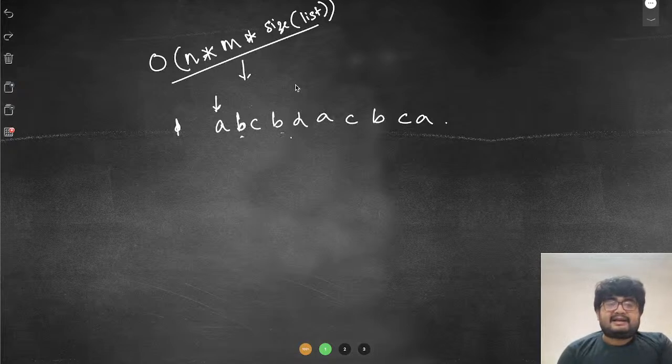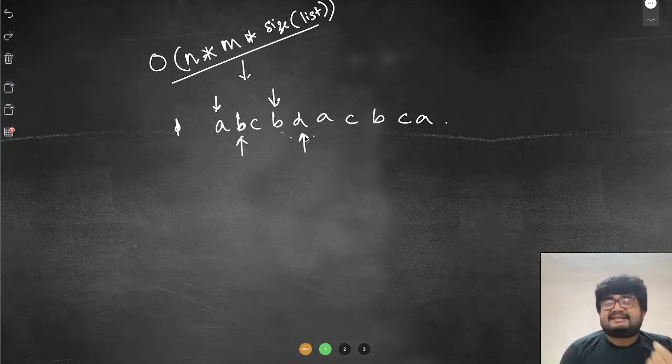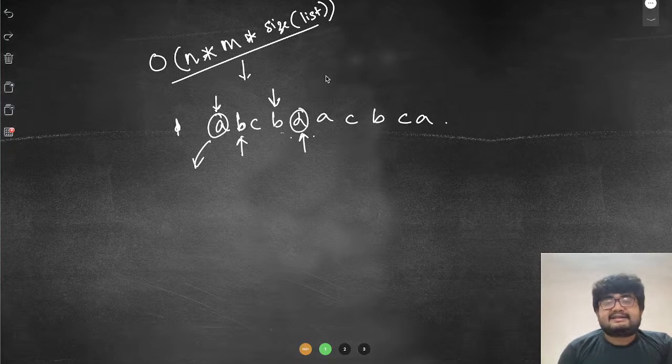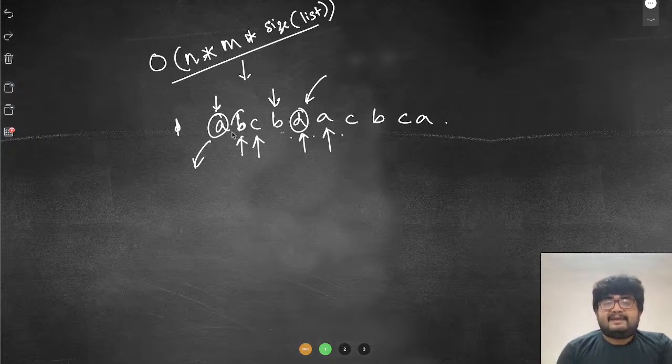Initially we are considering the substring abcb. After that we are moving to bcbd. So what is exactly the difference happening? This is going out, this is coming in. A is going out, D is coming in. Next iteration we are going to C and we are going to A. Again B is going out, A is coming in.